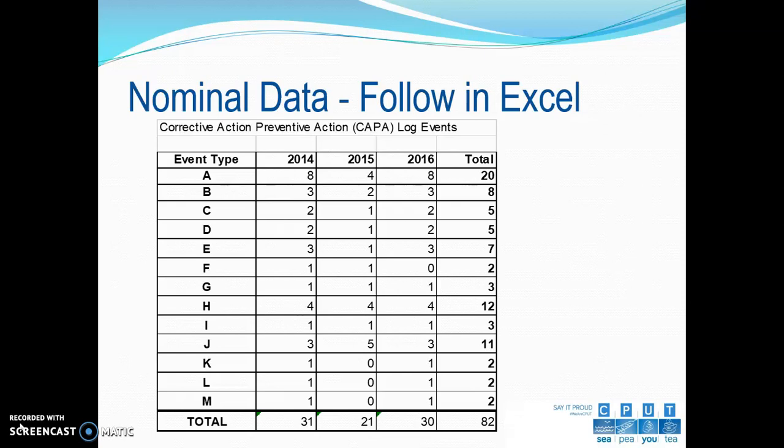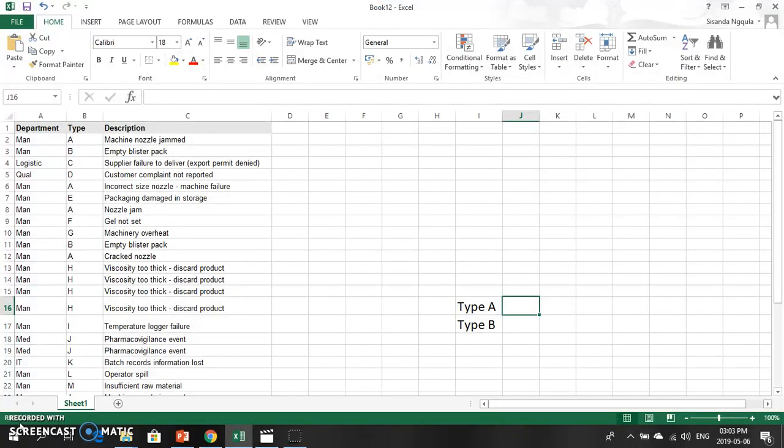I will be taking you through how this is done in Excel. This is the raw data where it is clearly explained what each letter represents. For example, A represents any problems associated with nozzles.